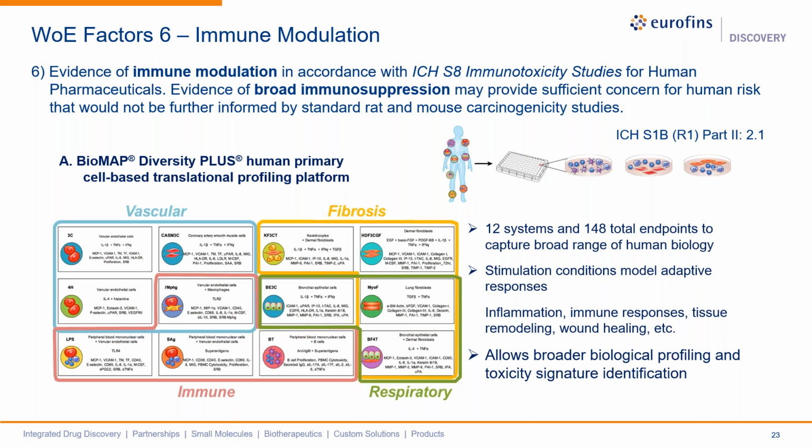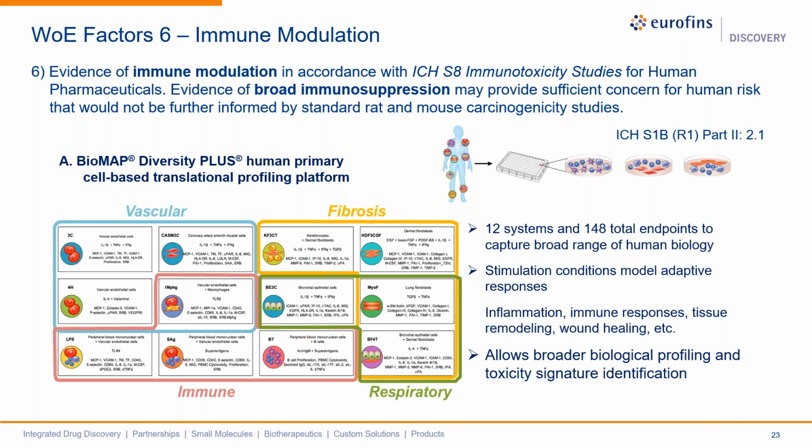The advanced platform features 12 systems with 148 total endpoints, allowing us to capture a broader range of human biology responses. The platform is organized into various key biological domains such as vascular, fibrosis, immune, and the respiratory system.